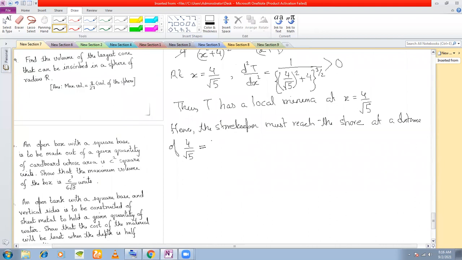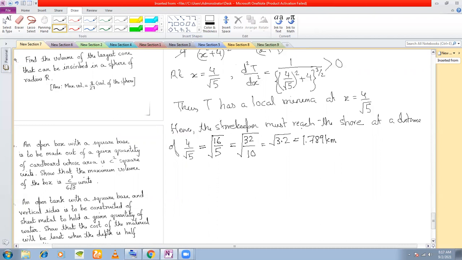You can write this as root over of 16 by 5, which you can write as 32 by 10, which is square root 3.2, which is equal to 1.789 kilometers.